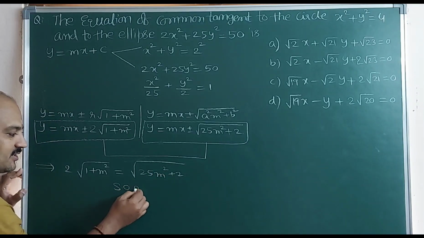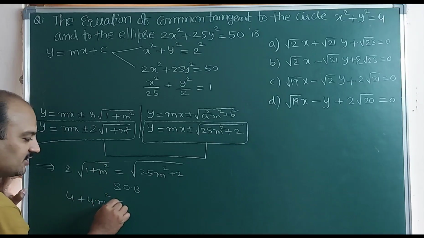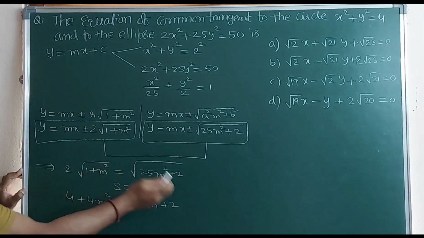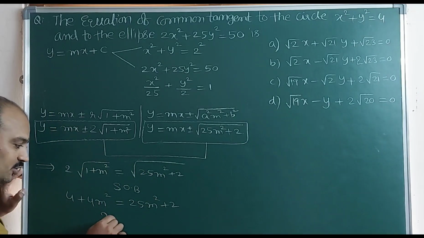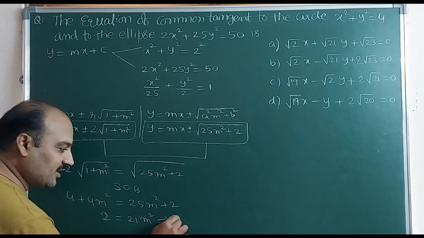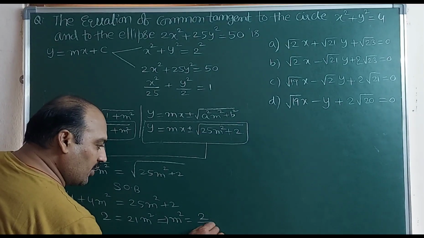Squaring on both sides, you will get 4 plus 4m square is equal to 25m square plus 2. Taking 4m square here and 2 there, 2 is equal to 21m square. So that implies m square is equal to 2 by 21.